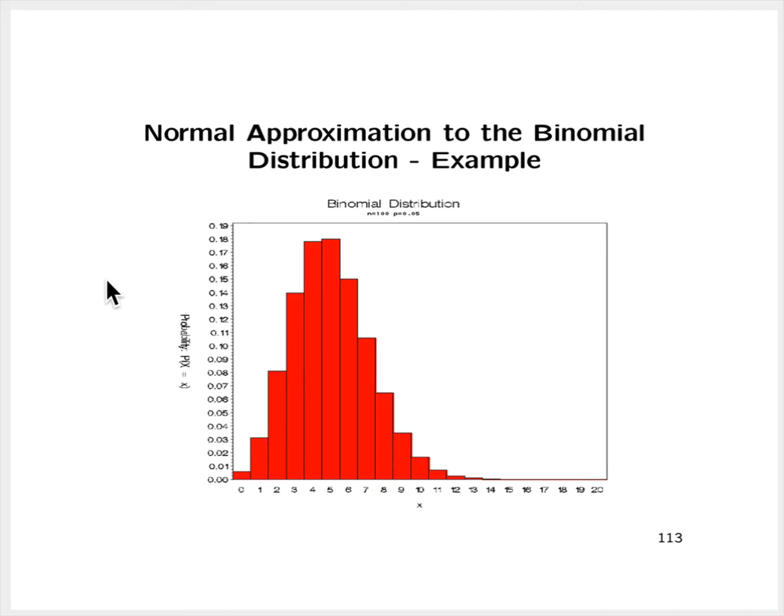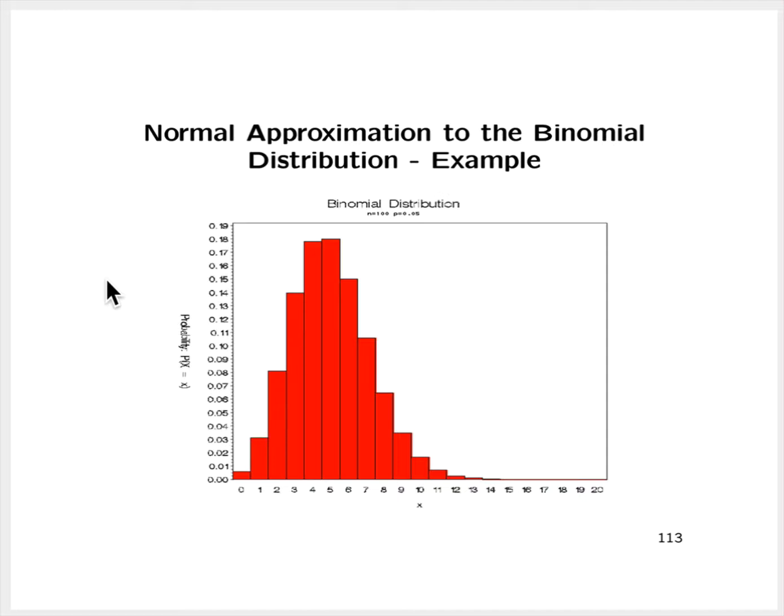So this goes back to that question: how large does n have to be in order for the normal approximation to be adequate in approximating probabilities from the binomial distribution? In this case, a sample size of 100 is really not adequate. And the reason is because p is very close to 0, isn't it?